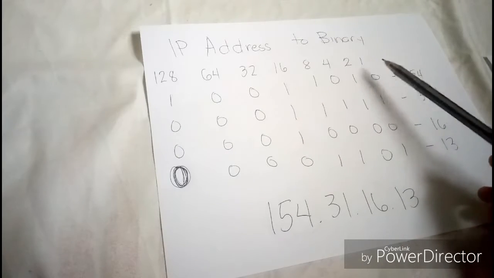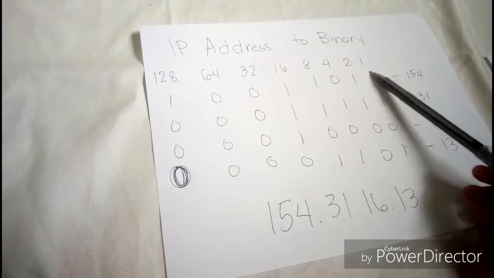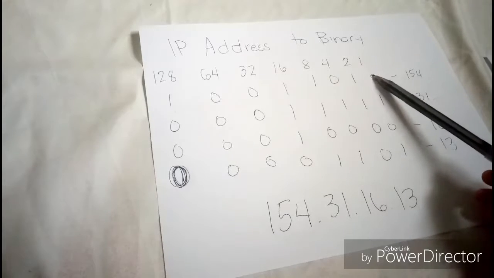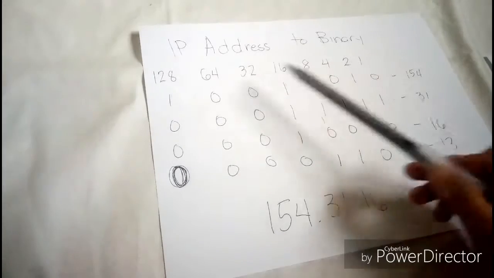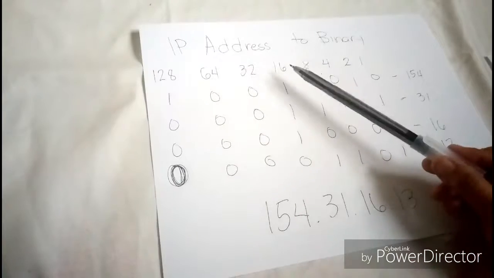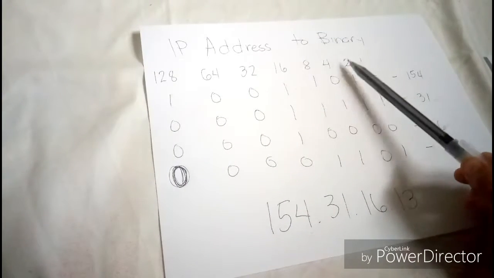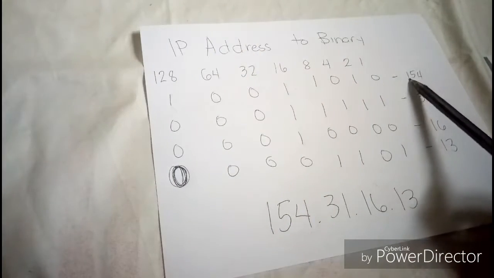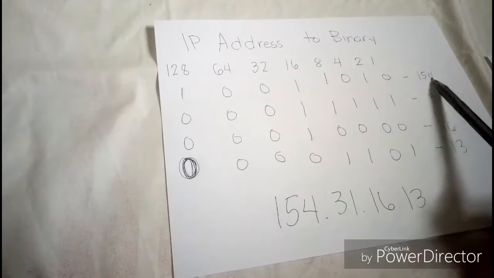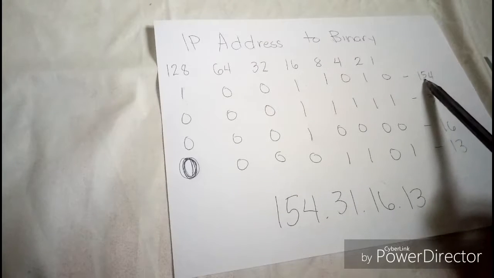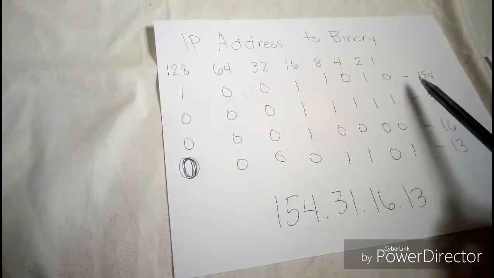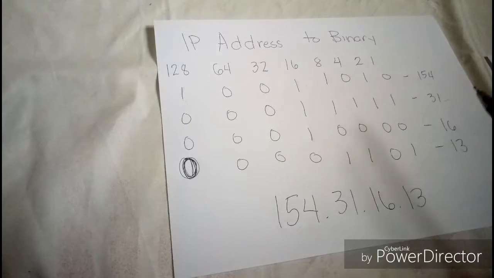So that's why I put 0 here, 0. Then if we add 128, 16, 8, 2, we will have a value of 154. So that's the binary of 154.